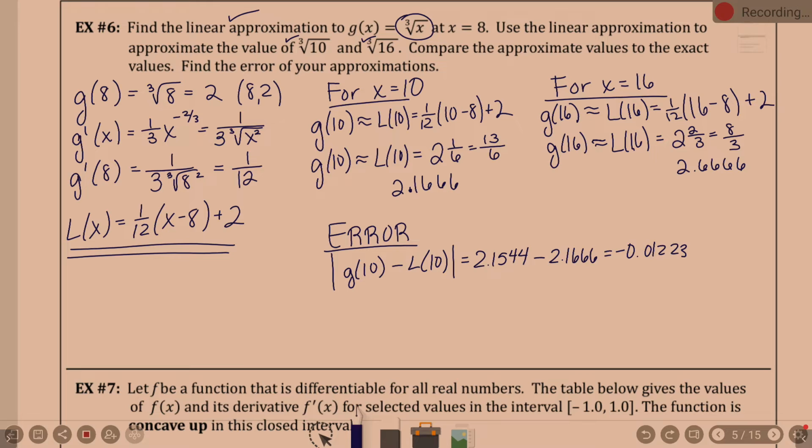I don't know. Now, for error for this one, our error is going to be less than 10 to the negative 1, because there is 1 decimal place of 0. Okay, we also need to do this for 16. I guess I really shouldn't have had a minus there if I said it was the absolute value of it.